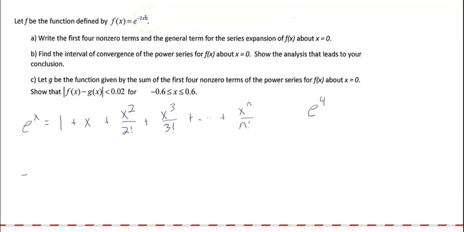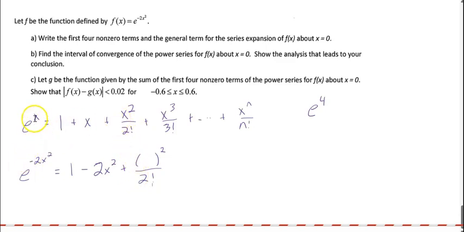So what I'm going to do is write e to the negative 2x squared equals, the 1 stays the same, and then that thing now just gets changed to this. So I get 1 minus 2x squared plus, in the blank squared, over 2 factorial. What goes in there?